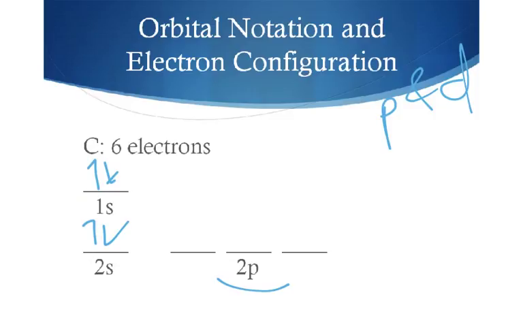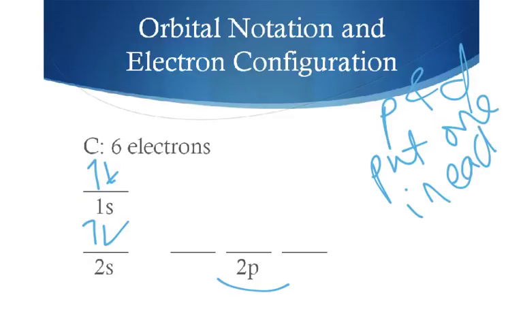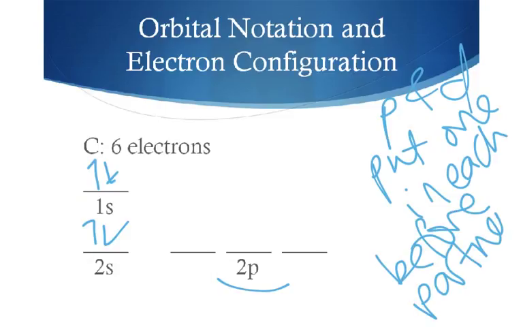So this is where you would put 1 in each room, or in each subshell, before partnering up. So for carbon, we have 2 electrons left because we've got 2, 4, and I have 2 more to put in. So they would not be in the same room together.